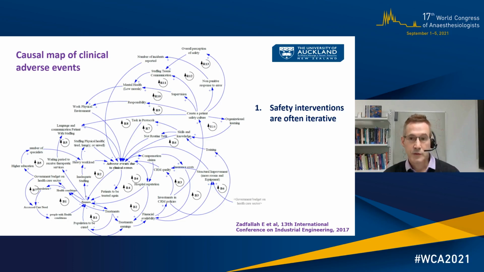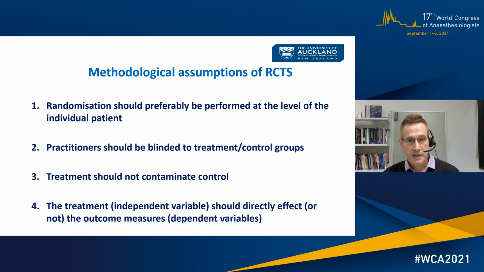So they're often improved over time so that the treatment isn't always exactly the same. They're often rolled out to all patients in a hospital progressively over time so that maintaining control and treatment groups isn't easy. So let's think about those methodological presumptions again in terms of safety studies.